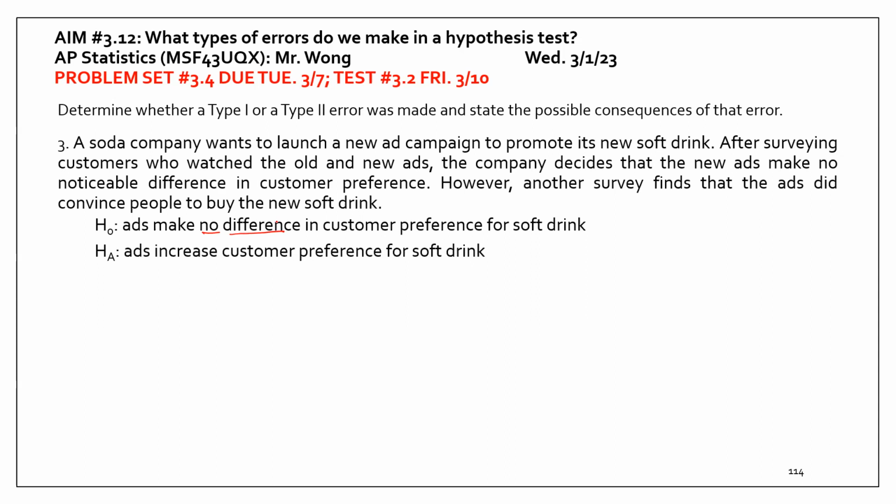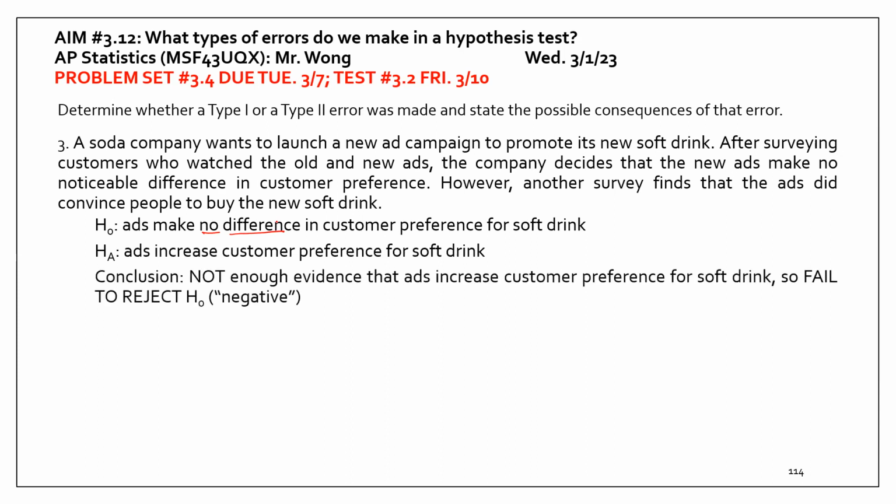And so what was the conclusion from this study? Did the conclusion provide evidence in favor of the null hypothesis or in favor of the alternative hypothesis? So let's see. After surveying customers, the company decides that the new ads make no noticeable difference in customer preference. So make no difference means that is in favor of the null hypothesis.